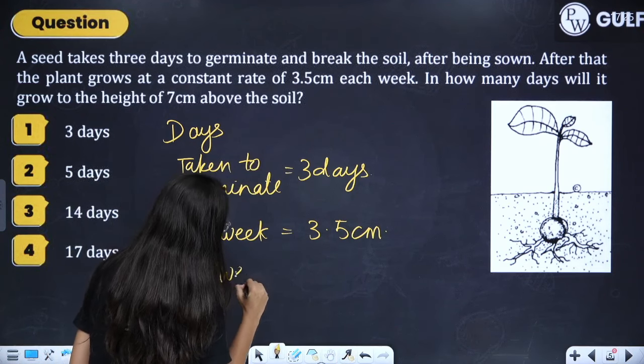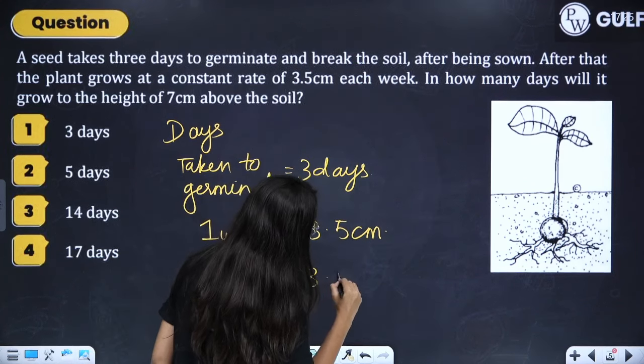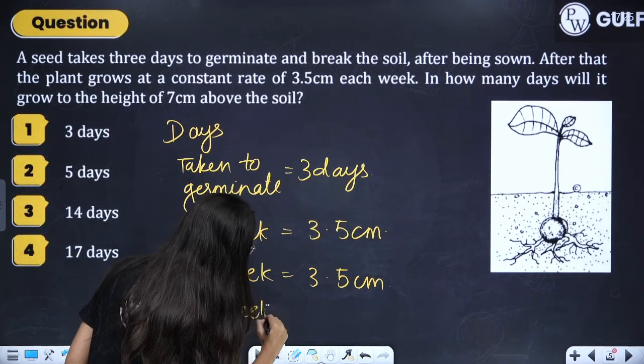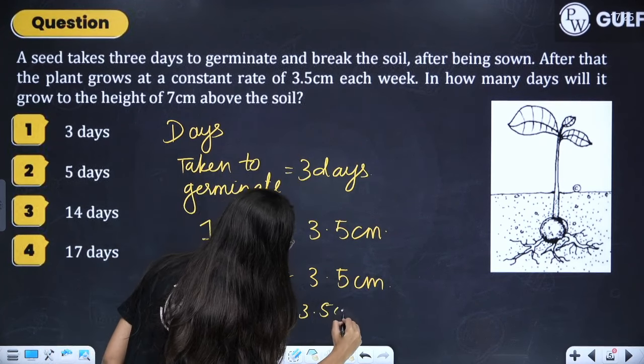In the second week, it would again grow 3.5 centimeters. In the third week, it would again grow 3.5 centimeters. Now, they are asking in how many days it will grow to the height of 7 centimeters above the soil.